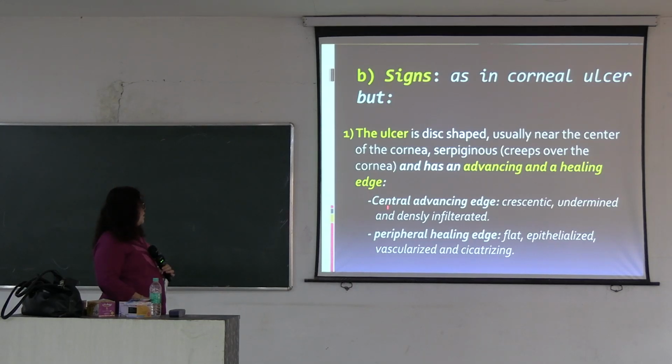The central advancing edge is crescentic, undermined and densely infiltrated, and the peripheral part is healing. Here flat epithelialization, vascularization and cicatrization are also present.